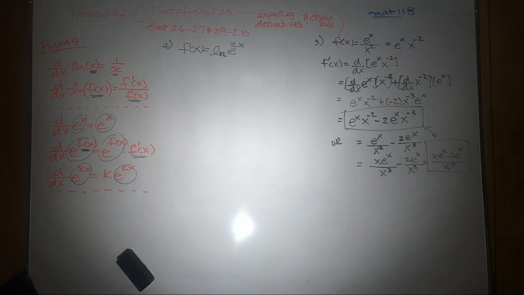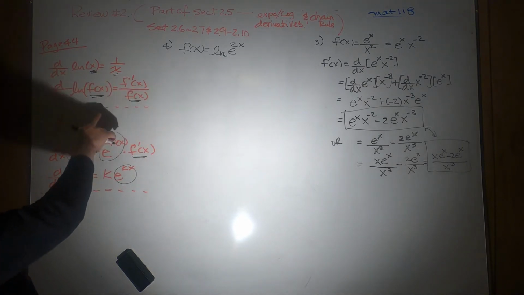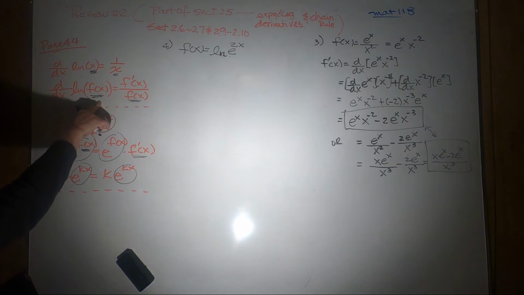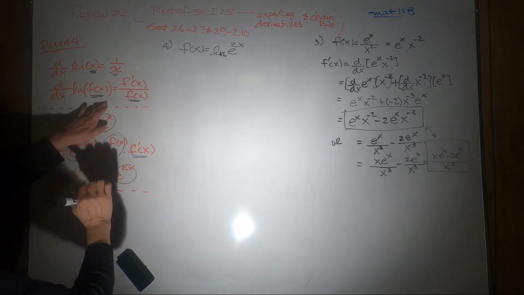All right, so I'm just thinking something else. Okay, let's follow the rule first, then let's figure out the shortcut. If you are familiar with natural log and exponential function, you will have a shortcut. So let's do this one. Natural log will use this, right, with chain rule.